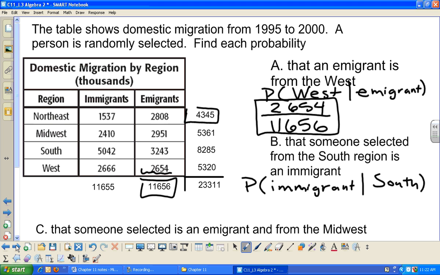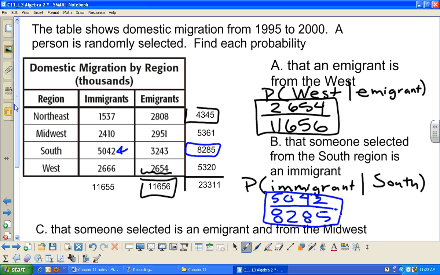Well, I already added up my totals from the South. It's 8,285. And then I want to find where they're from the South and an immigrant, which would be 5,042. So this would be my final answer.